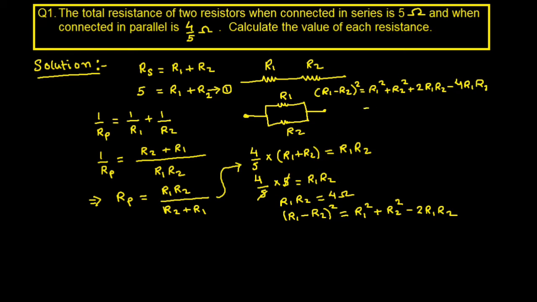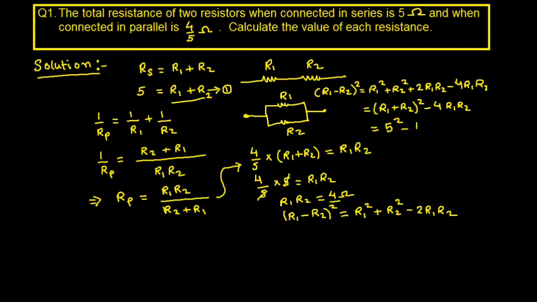So this is equal to R1 square plus R2 square plus twice R1 R2. It is nothing but R1 plus R2 whole square minus 4 R1 R2. Instead of R1 plus R2, we will put 5, and instead of R1 R2, we will put this 4.